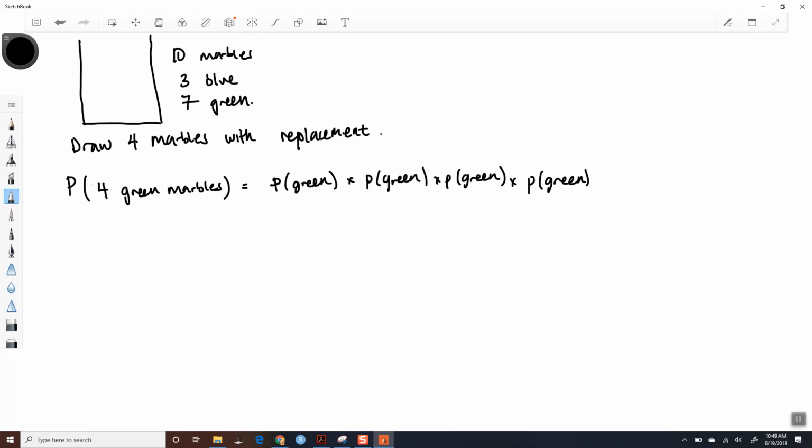So we have to get green each time, and every time we draw, because it's with replacement, each draw is independent. So here I would get 0.7 raised to the 4th power. Okay, and I don't know, what is that? It's like 0.2401. I don't know.